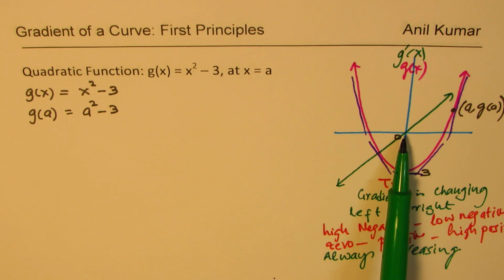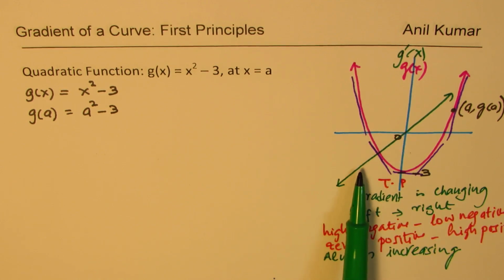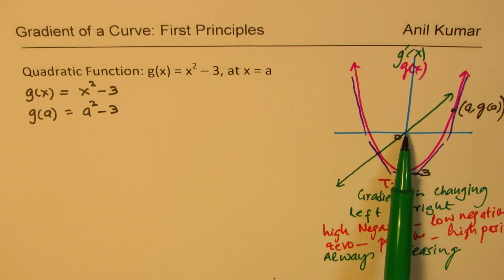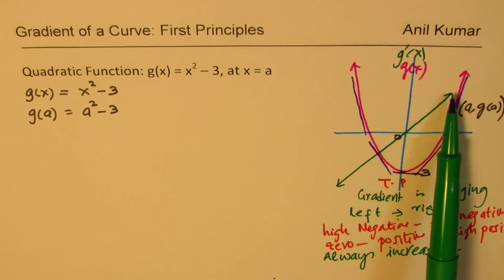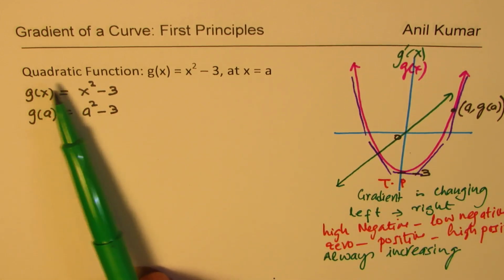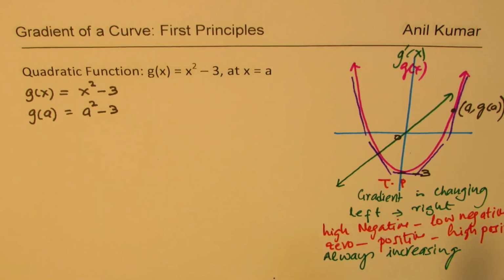So on the left side of 0, we have a negative value. At 0 where we have the turning point, it is 0, and the gradient becomes positive and positive as we move to the right. That's a very important criterion. Okay. Now let us see how to find this gradient using the first principle, and what after all is this first principle.